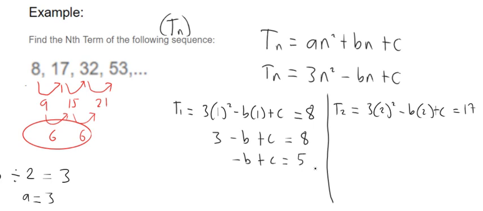Now I'll go to the other one. 2 squared is 4, times 3 is 12, so we get 12 minus 2b plus c is equal to 17. Then if I bring the 12 over to the other side, it becomes minus 12, so I get minus 2b plus c is equal to 5.